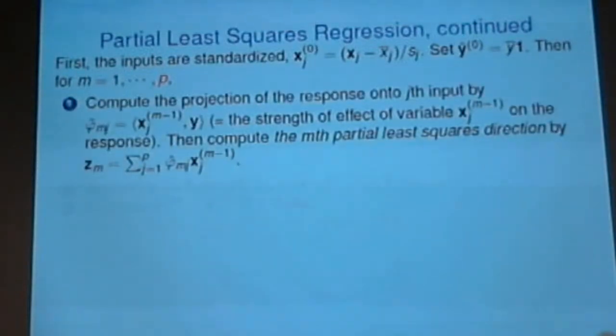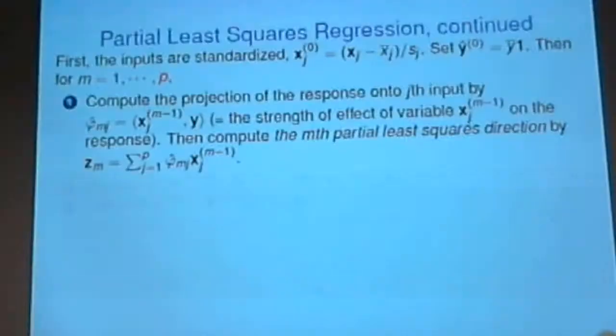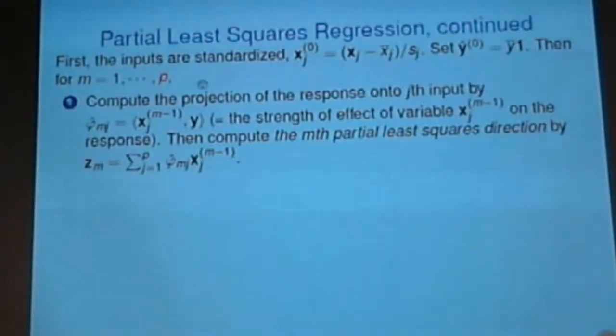And then for each of these components, we find the projection of the response onto the jth input. The partial least squares direction is actually the projection of the response onto the jth input.